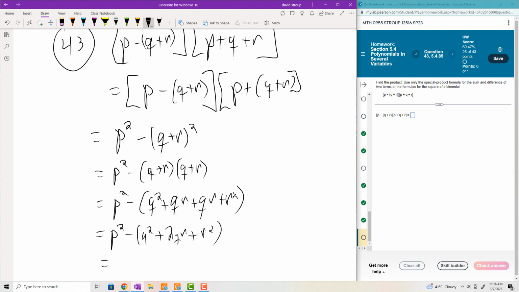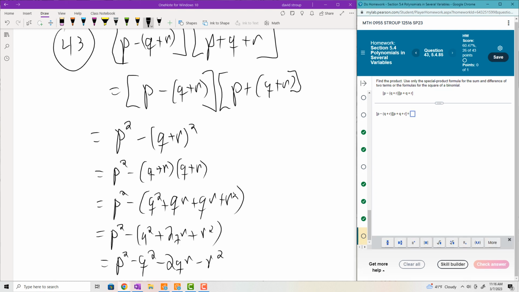And then distribute the negative: p squared minus q squared minus 2qr minus r squared. Right, and that would do it.